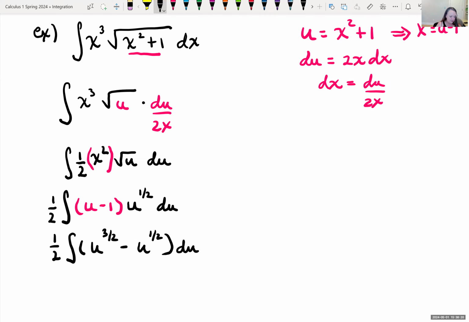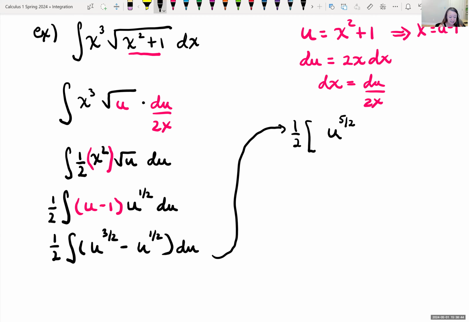So now it's in that form that we can integrate. So let's bring down the 1/2. The antiderivative of u to the 3/2: we're adding 1 to 3/2, so 3/2 plus 2/2 is 5/2.